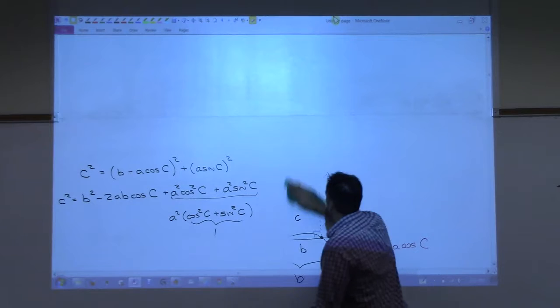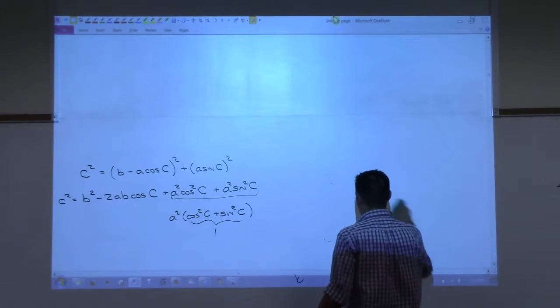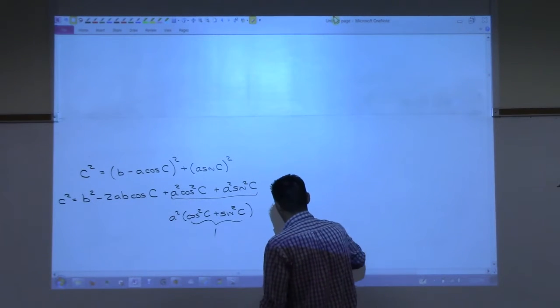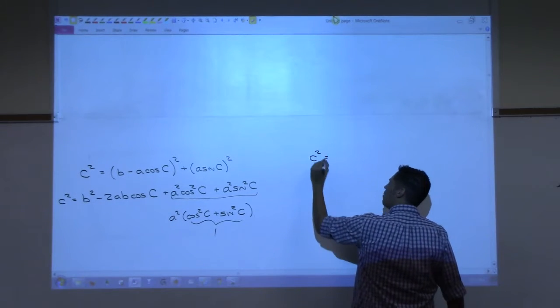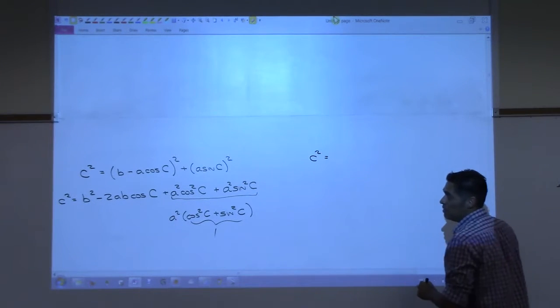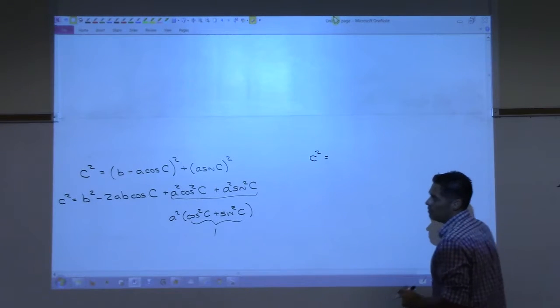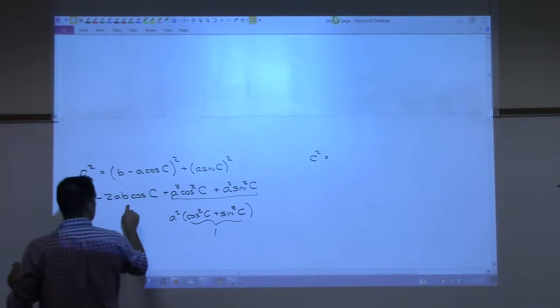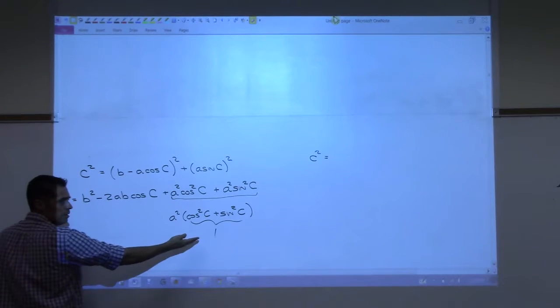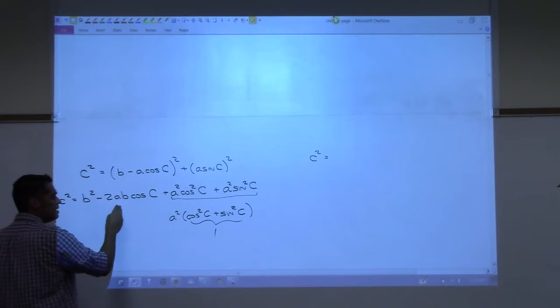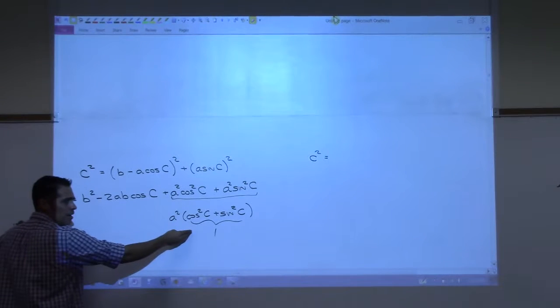Okay. So here's where I am. I have that c squared equals b squared minus this, right? Plus a squared. So I have b squared minus this plus a squared.